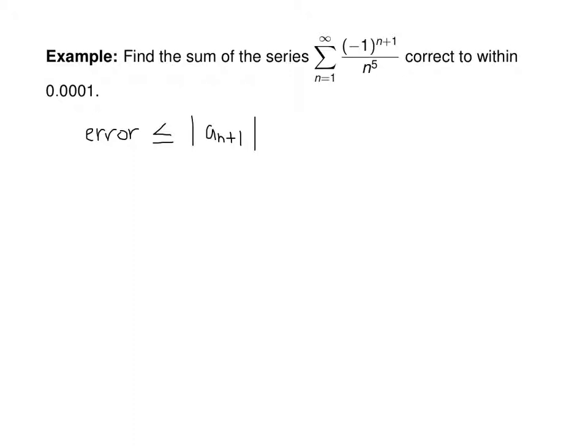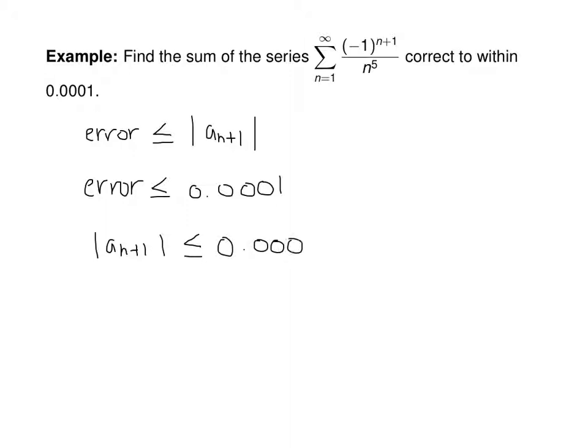So we want our error to be less than 0.001, or we want the absolute value of a sub n plus 1, which is the error, to be less than that 0.001.